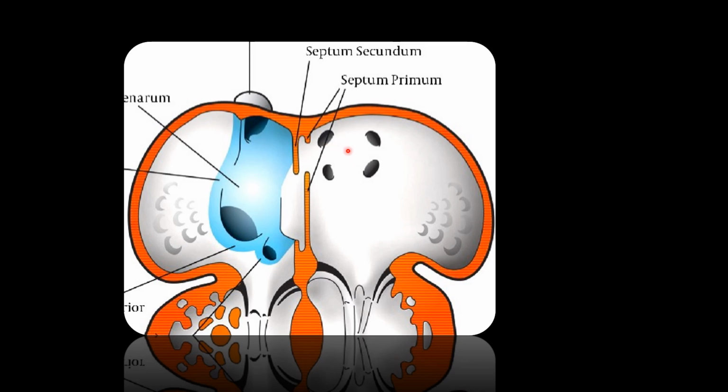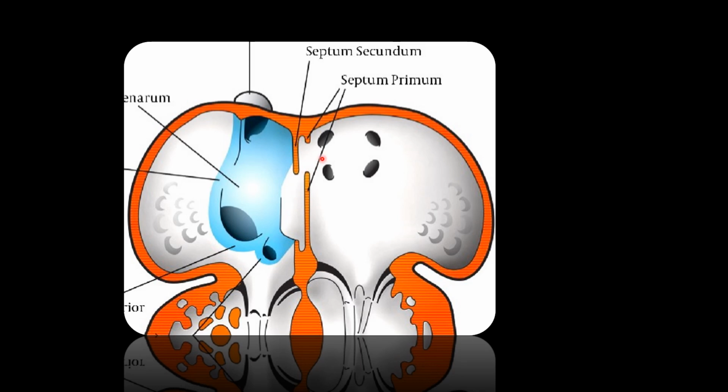The pressure in the left atrium pushes the septum primum close to the septum secundum. So this makes a tight compact structure between the septum secundum and septum primum, so that the foramen ovale is closed after birth.